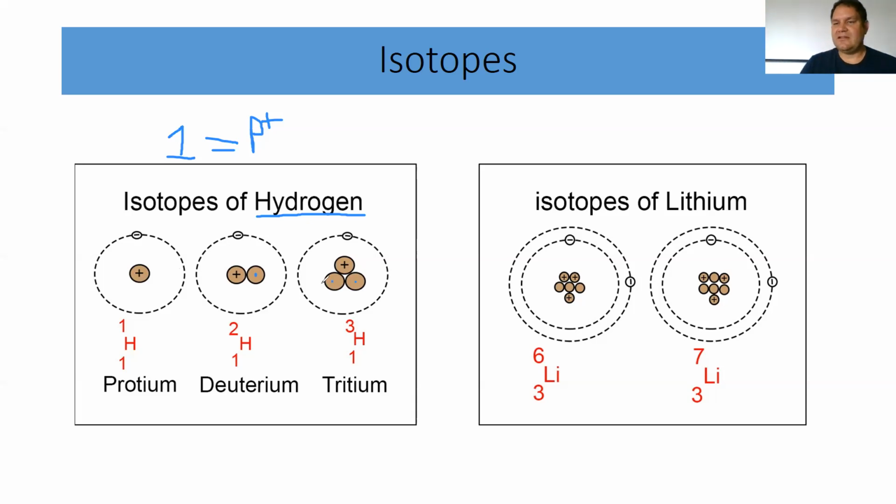But what's different about these atoms is their number of neutrons. So because they have the same proton number but different numbers of neutrons, we refer to these 3 different atoms as isotopes of hydrogen, okay? So they are isotopes.